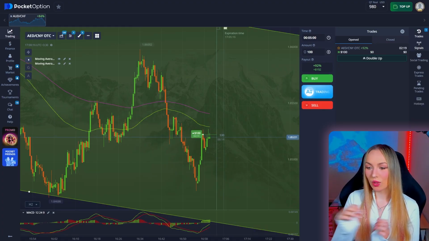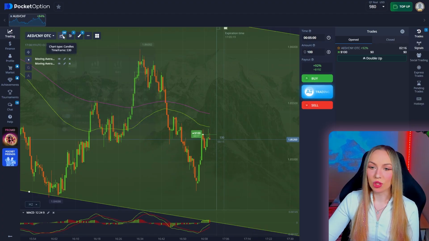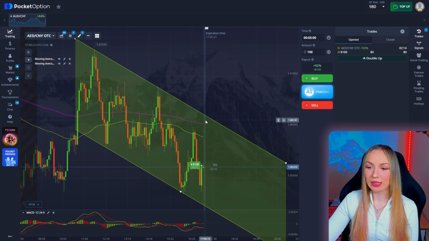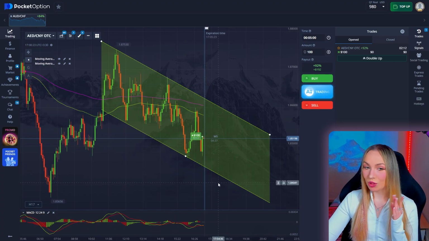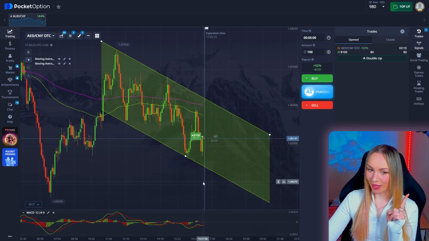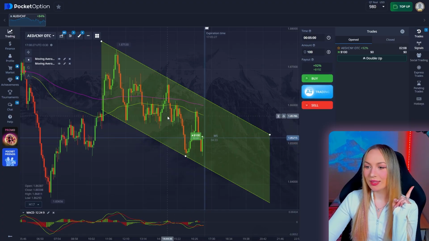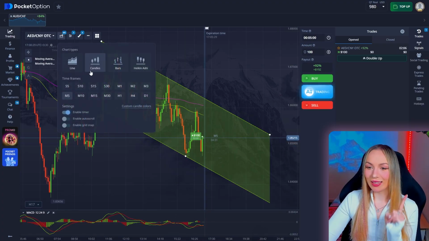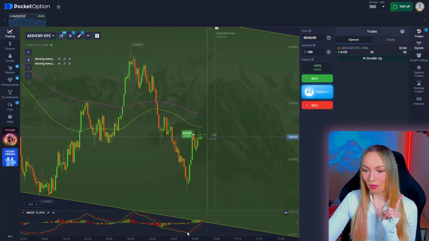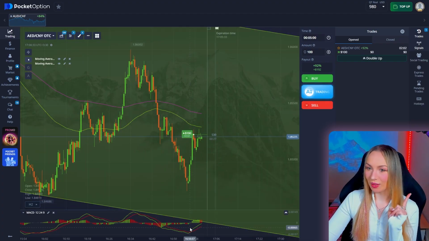First of all, our price is in a downward trend, and I opened the trade in the upward direction. So that's the first sign that this signal from MACD was actually bad.